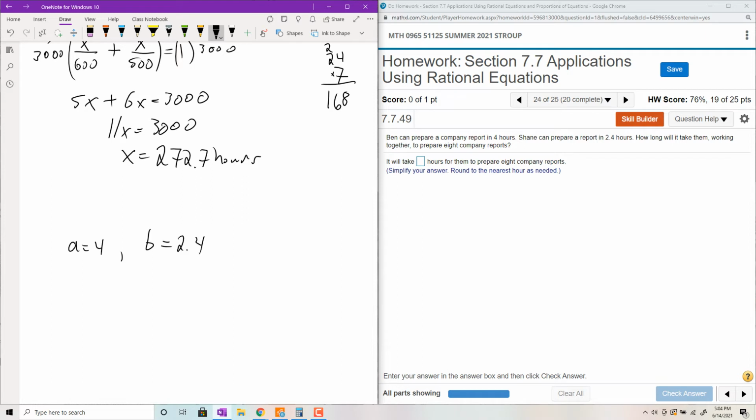So the time for one report would be x over 4 plus x over 2.4 equals 1 full job.